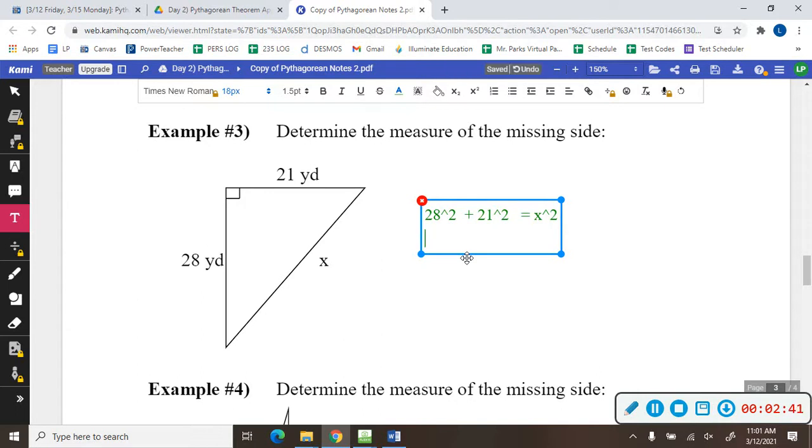if I type 28 squared in my calculator, or 28 times 28, I get 784. If I type 21 squared in my calculator, I get 441.